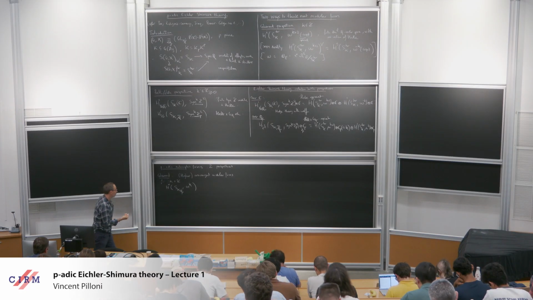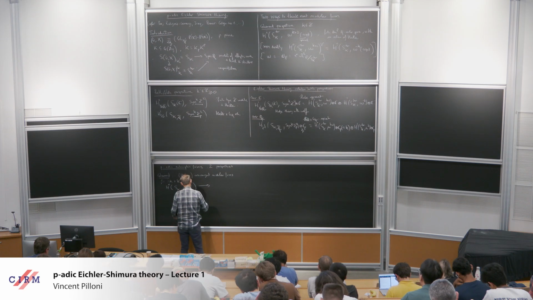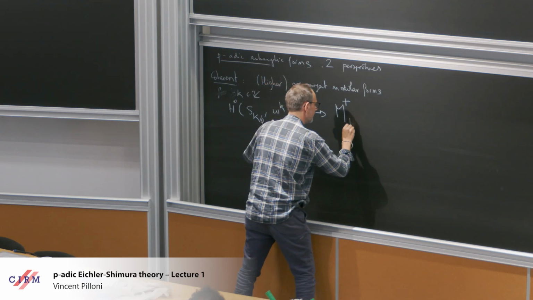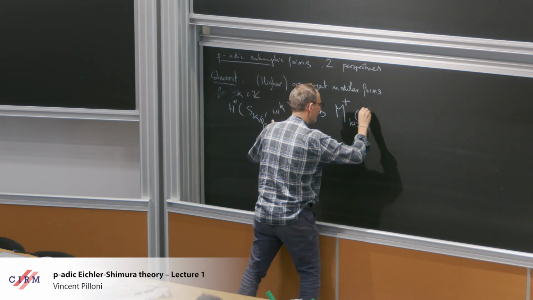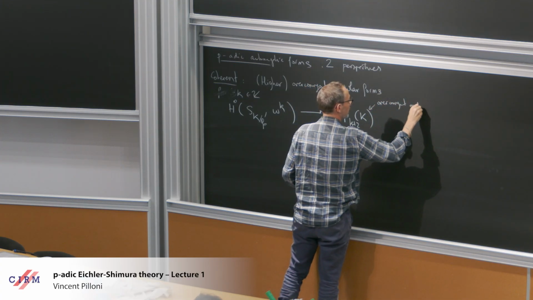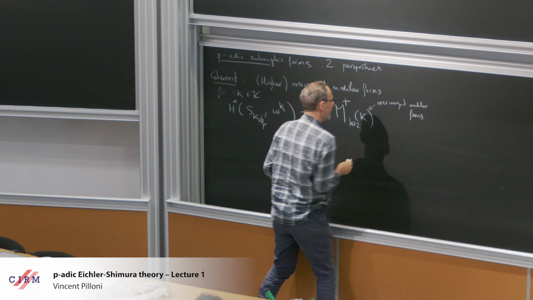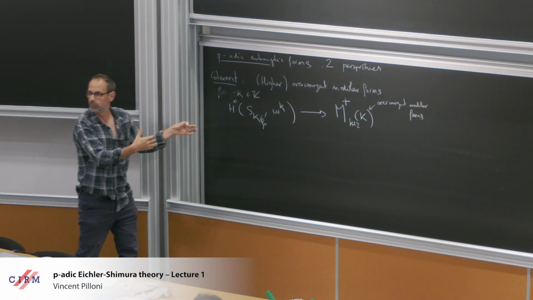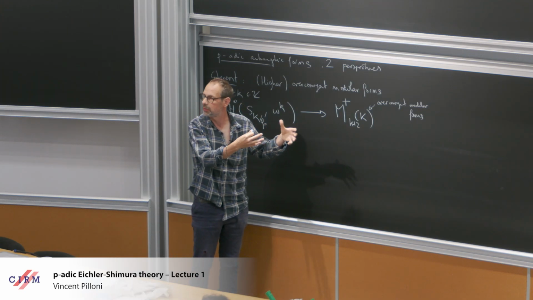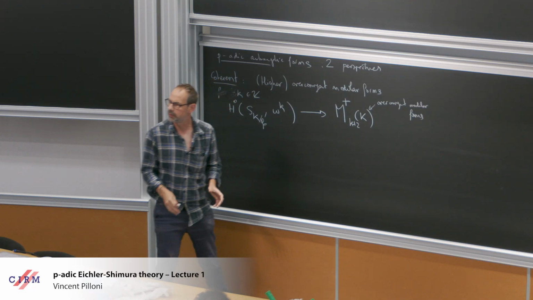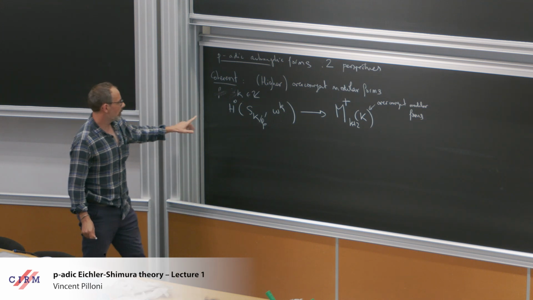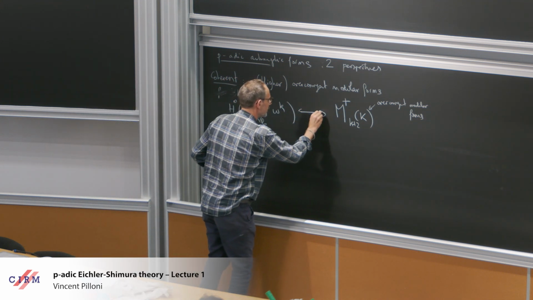So these are weight k modular forms, and then one can actually restrict this to a space that's often denoted by M^dagger_{k+2} of K, and this is the space of overconvergent modular forms. So if you want, you perform some restriction from the entire modular curve to some neighborhood of the ordinary locus, or certain components of the ordinary locus. Okay, all right, so we have this map. This is an injective map.